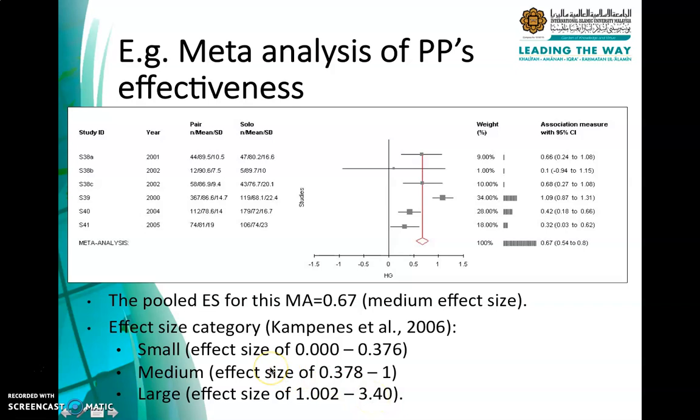This is just an indicator to guide us in seeing whether the effect is significant or not. So what this result tells us is that, based on the findings from each of these experiments, the effect of pair programming is not that strong, but a medium effect size, which is still significant in terms of its practical significance.